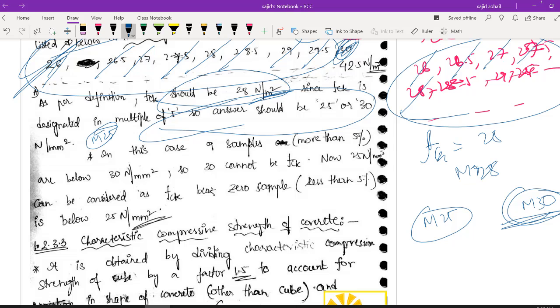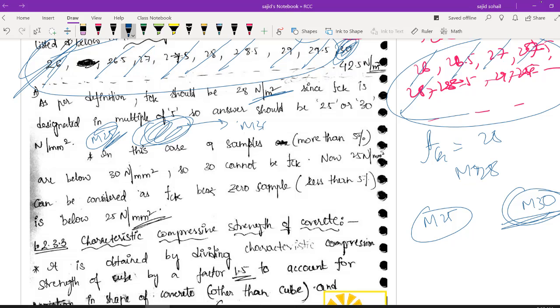I am considering my strength is less and I will be designing as per that, because if I am imagining the strength is more, अगर मैं समझ रहा हूँ कि मेरा स्ट्रेंथ ज्यादा है, then I will be making a mistake, right? Because the load whatever you are designing for this M30, this concrete cannot bear and your structure can fail.